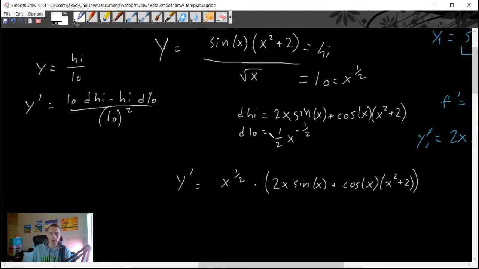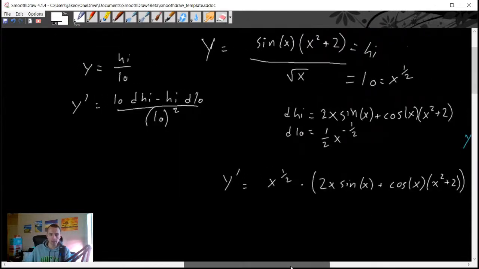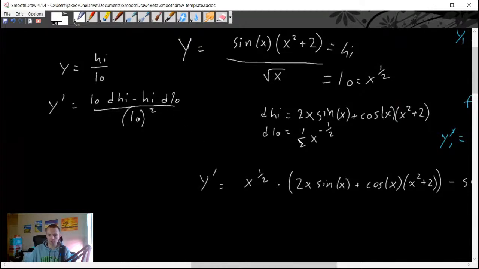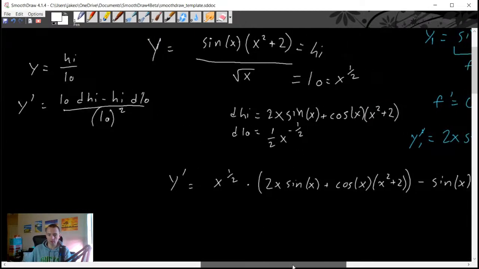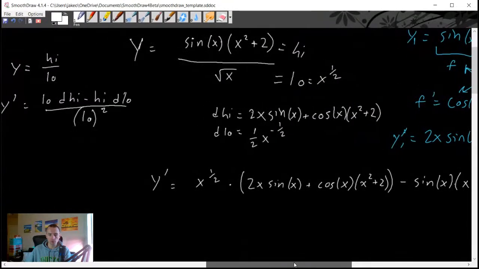Okay, and then we're going to get minus high times d low, so minus high, which is all this, times d low, so times 1/2 x to the negative 1/2, and then all over low squared, so all over the square root of x squared.